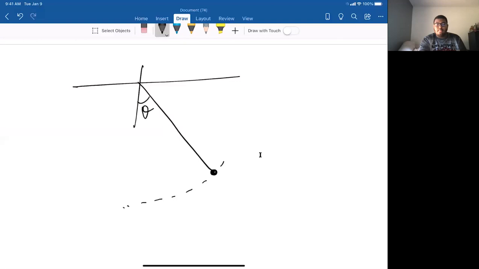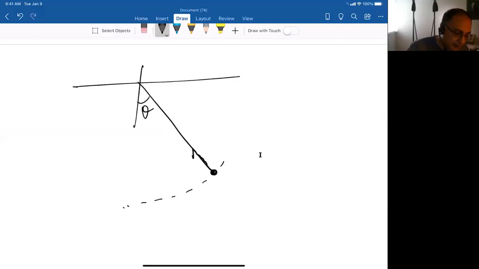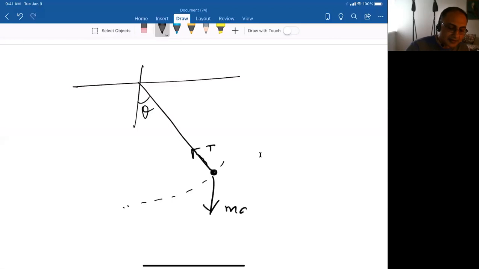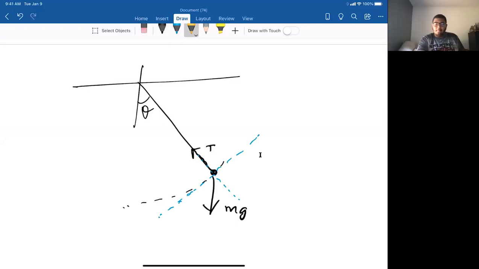You have tension acting. And what else? Gravity. Gravity, very good. So just as we've done many times before, we are going to choose our axis. One will be in the radial, the other one will be in the tangential direction. Which force do we need to break into components? Gravitational force. Yeah.